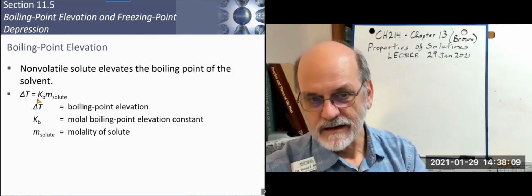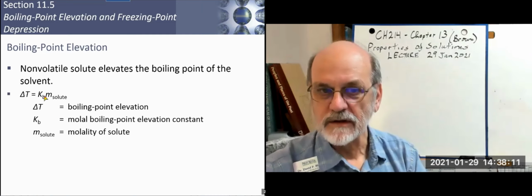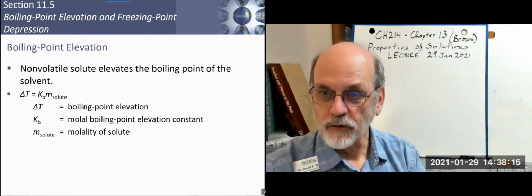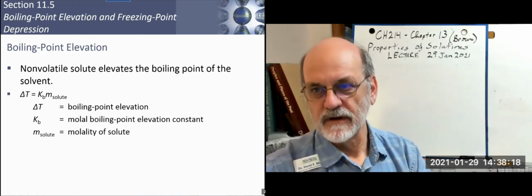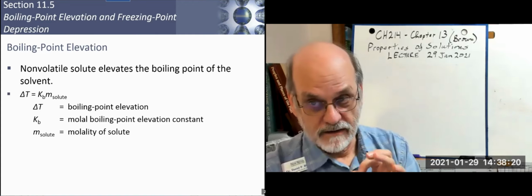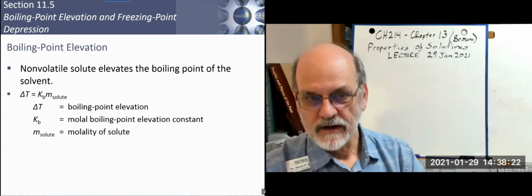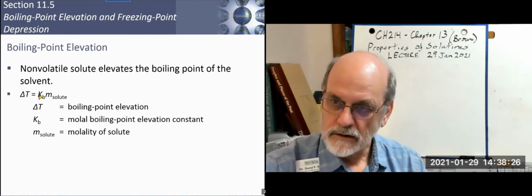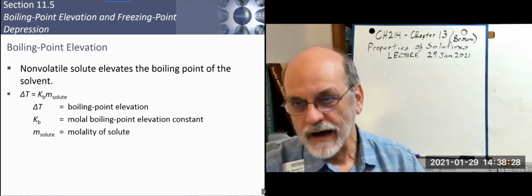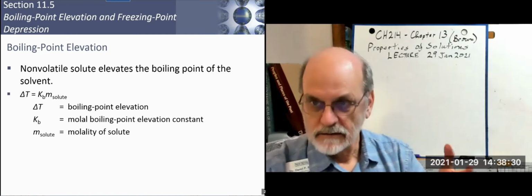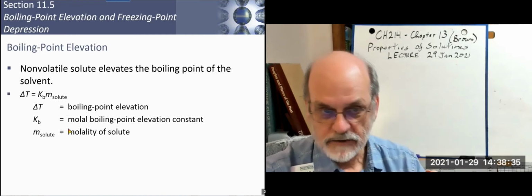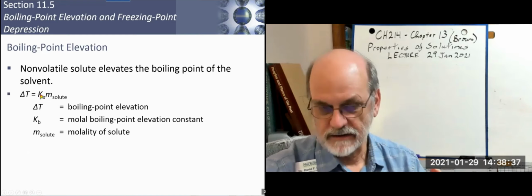And K sub B is the boiling point elevation constant for the solvent. So that does change with the solvent. You would have a different value here for water or for alcohol of some kind, various solvents. So that value is unique to the solvent.